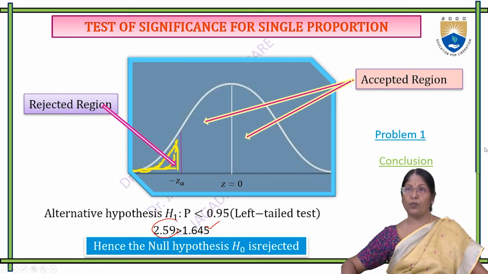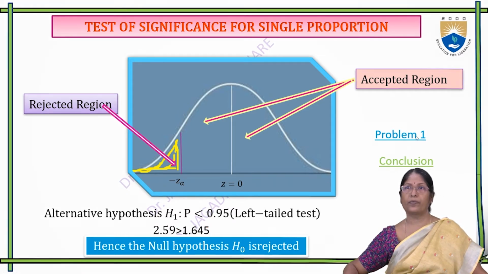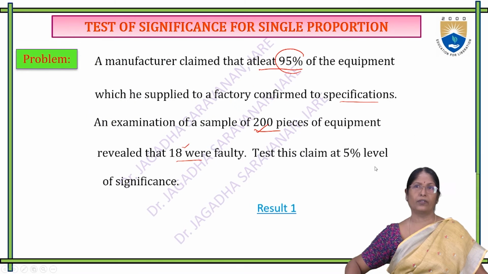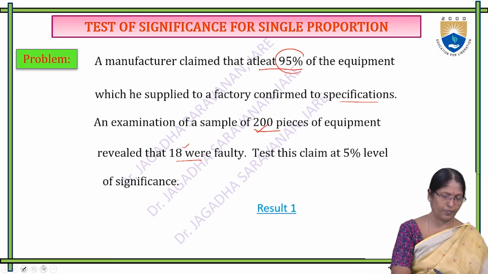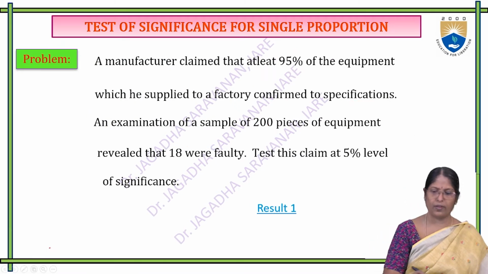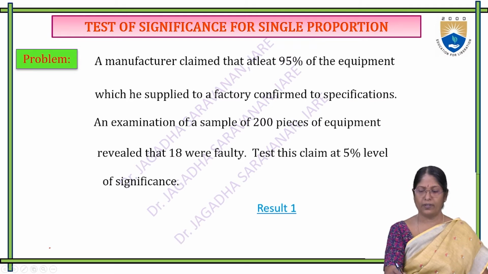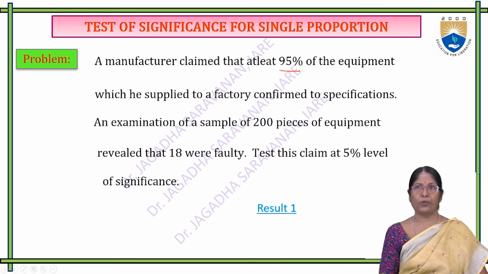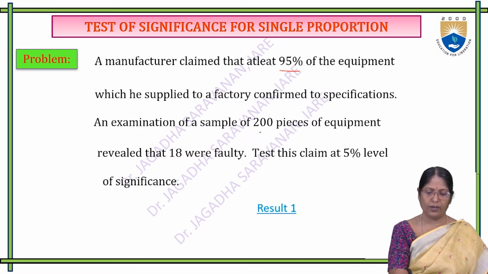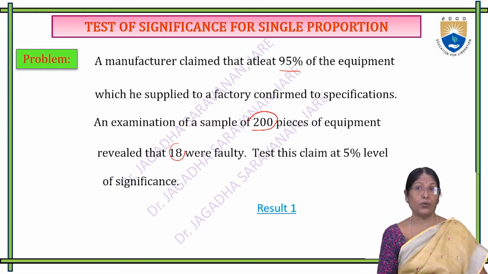Here we can see our problem. Yes, this is our question, at 95%. Particularly in this problem, we selected the left-tailed test because the sample proportion, 182 divided by 200, we got as 0.91, whereas this is 0.95.